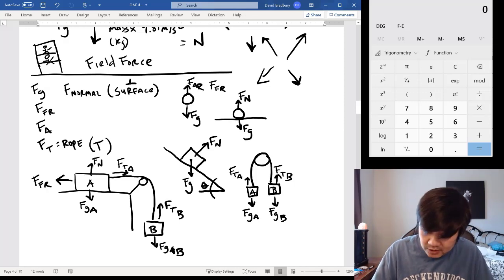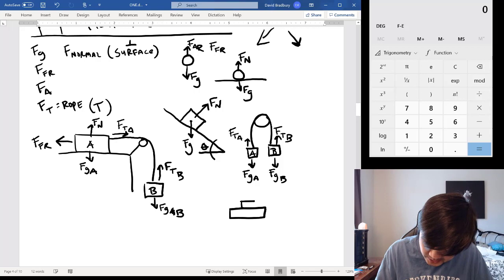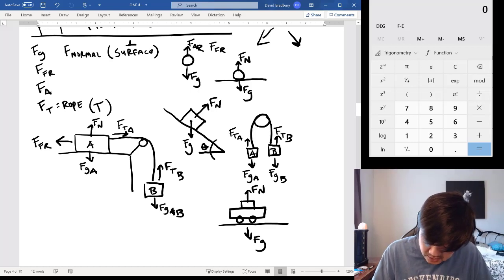All right, I think we used all the forces except an applied force. So let's just draw a diagram for an applied force just so we see all the forces. So let's draw a car. This is the way I like to draw my car. And we're on a road. So what do we have? We have force gravity. And since it's on a road, we have a normal force. And we're going to say that it's moving in this direction.